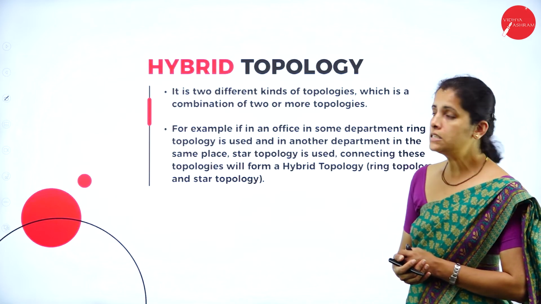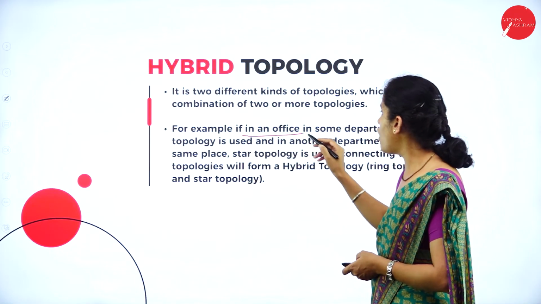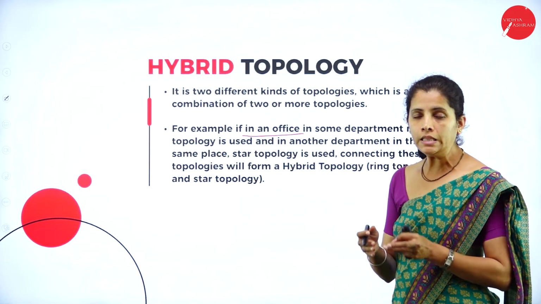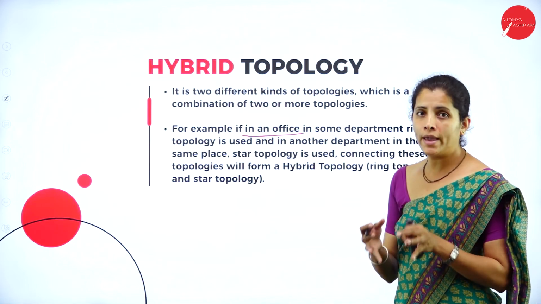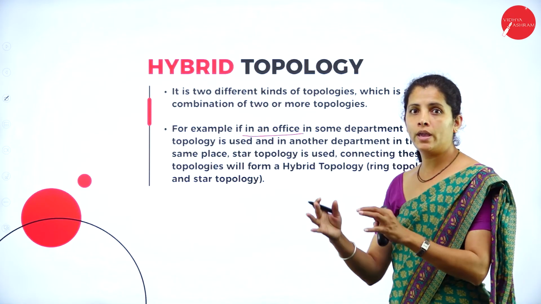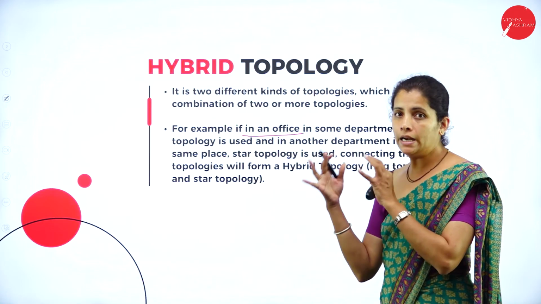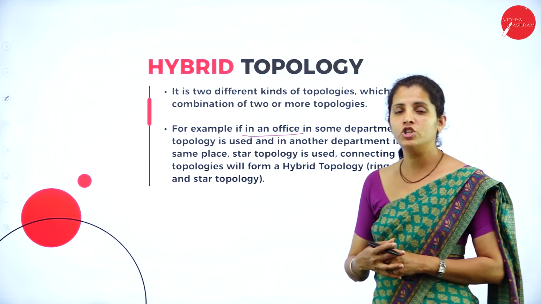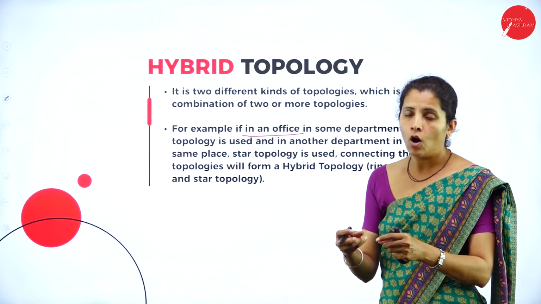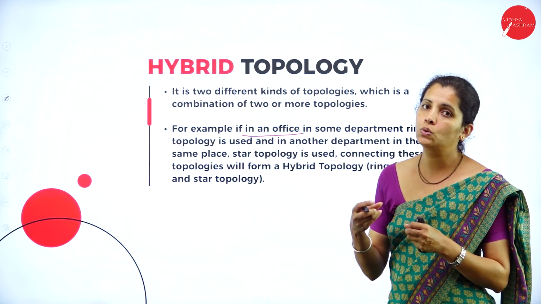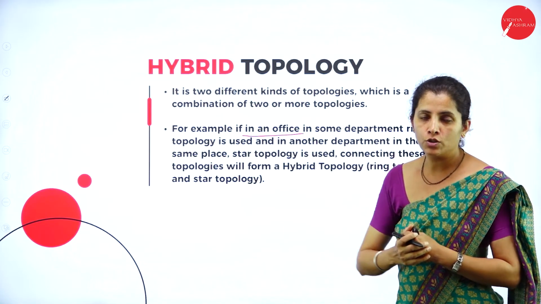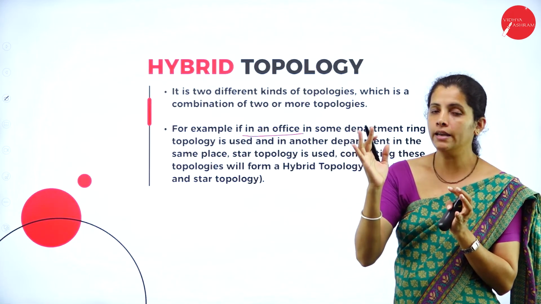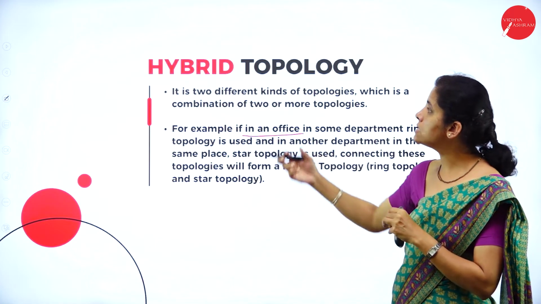For example, see here, in an office, in some department, for example, think of our college, we have an admin section and we have an internet lab. In the internet lab, all the systems are connected through the ring topology, and in admin, all the systems are connected through the star topology. So one is star and one is ring, and this kind of network topology is known as hybrid.